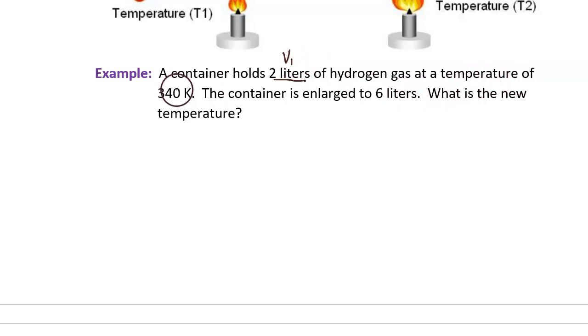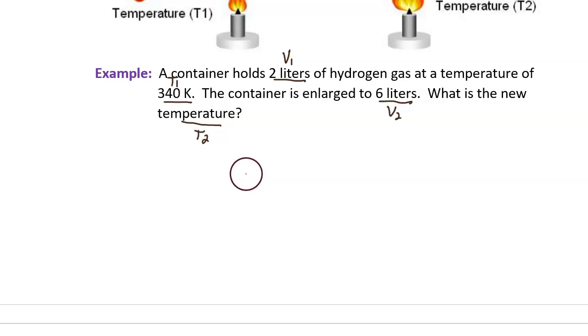At a temperature of 340 Kelvin, that's T1, the first temperature. Now a change is going to happen. The container is enlarged to 6 liters. That's V2, our new volume. What is the new temperature? That's T2. The variables that we've identified are V1, T1, V2, T2.